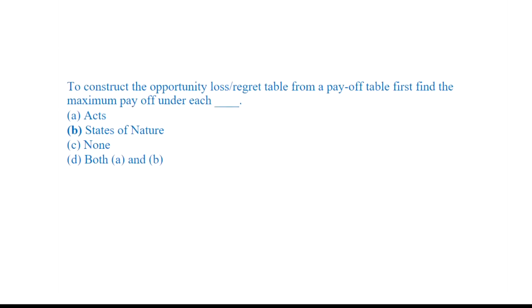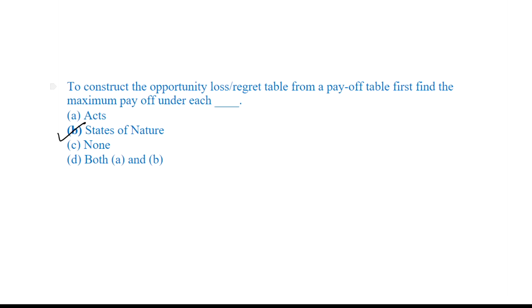To construct the opportunity loss or regret table from a payoff table, what do we have to do? What is the first step? The first step is to find the maximum payoff for every state of nature. Please remember, we have to find the maximum payoff under each state of nature. So how do I construct the regret table?